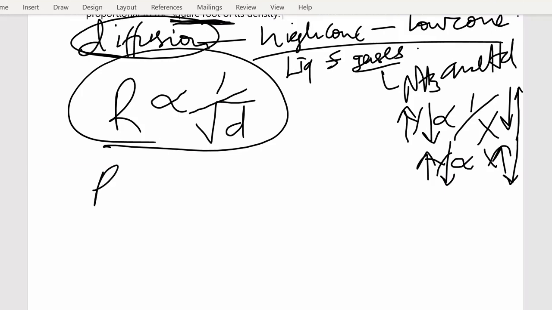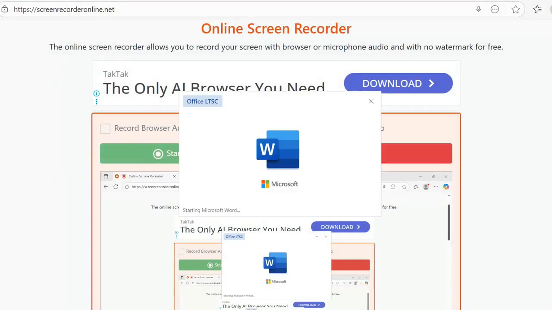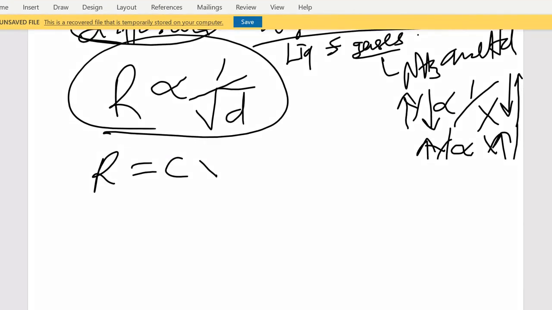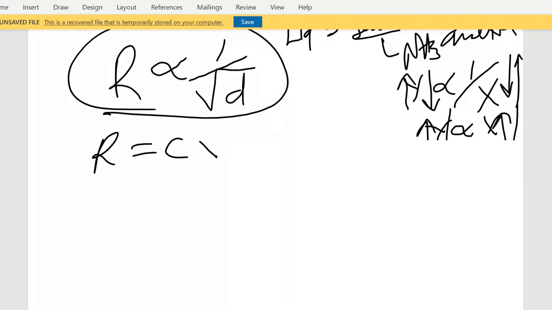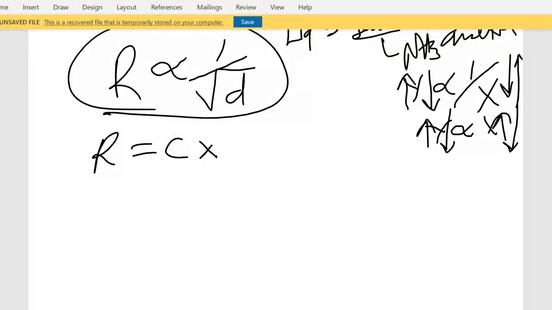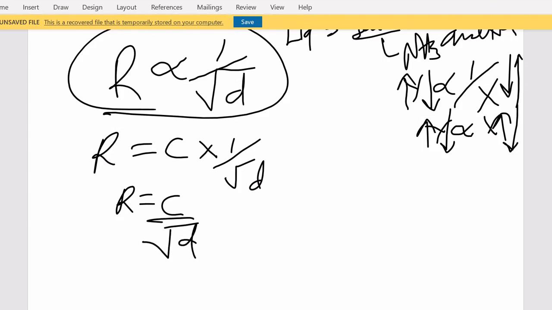So it will be R is equal to C multiplied by 1 over square root of density. So with this, we can now combine and have R is equal to C over root D.